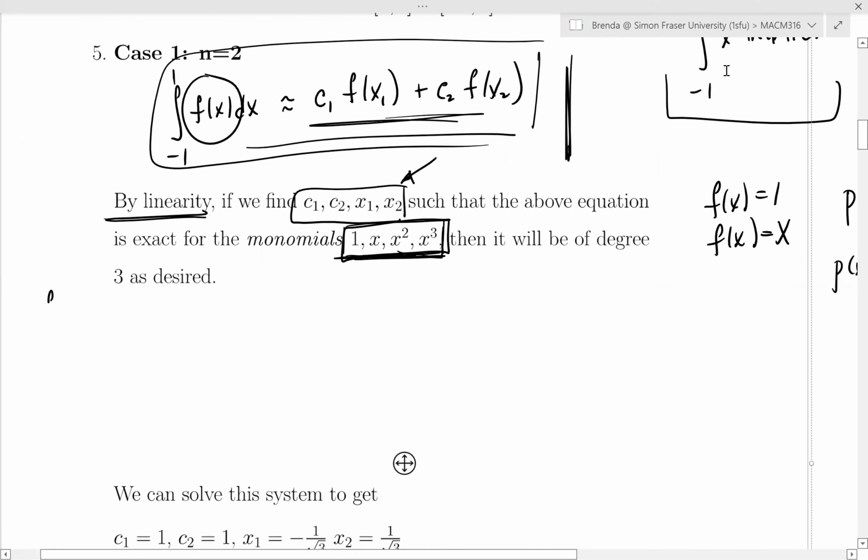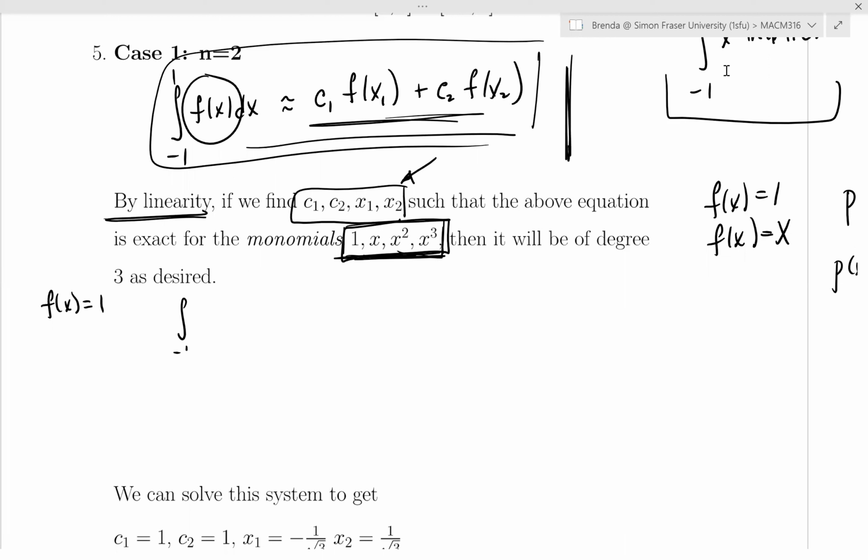So what do I want? I'm going to take the function f of x equals 1. And I want the integral from -1 to 1 of 1 dx, now that's my f of x, to be equal to some c1 times f at x1 plus some c2 times f at x2. And what is that integral from -1 to 1 of 1? So exactly what is this integral? 2. It's 2, right? So it means I want 2 to be equal to c1, and then what is f at x1?